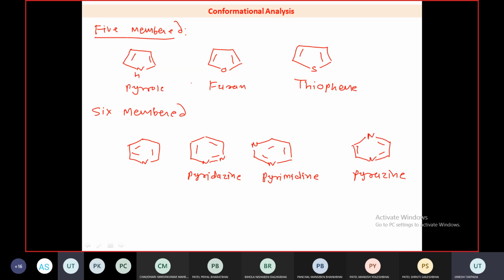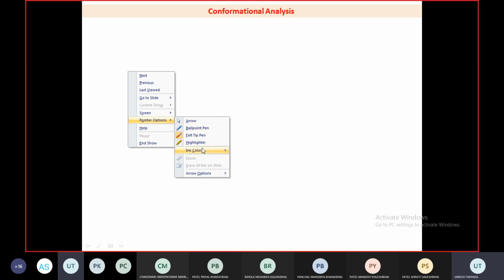Hydrogen bonding and steric interaction are also factors. Now we are going to discuss conformational analysis of cyclohexanes, because cyclic compounds are in your syllabus. So we are going to discuss different conformations of cyclohexane.